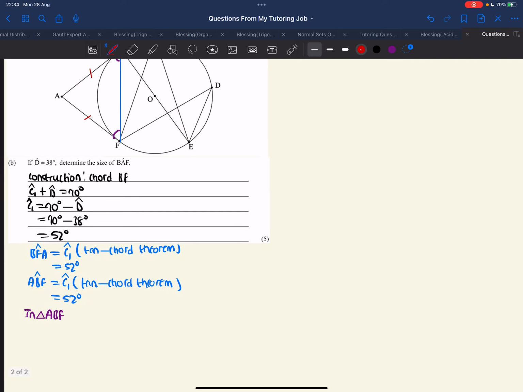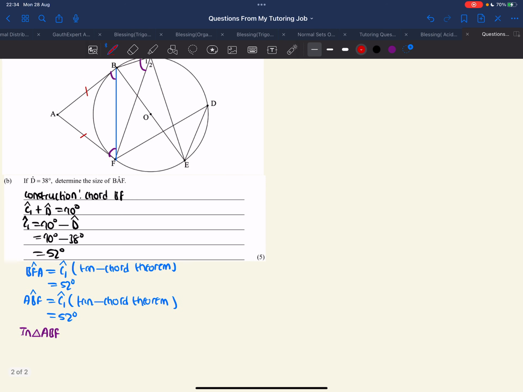All right, so for me to find angle BAF, I'm going to say 180 degrees minus, seeing that those two angles are the same, 2 times angle ABF. Because those two angles, BFA and angle ABF, are the same, which is 52 degrees.